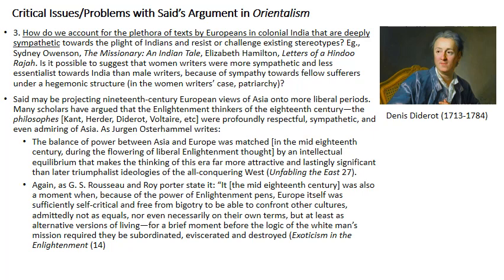For a brief moment before the logic of the white man's mission required that they be subordinated, eviscerated, and destroyed. So in this book, Exoticism in the Enlightenment, Rousseau and Porter basically talk about Western fascination for Asia as providing alternative versions of living, viable alternatives. In many ways, talking about this kind of noble savage in some cases, the Eastern society as different but better in some ways. So that's partly what you get in this book.